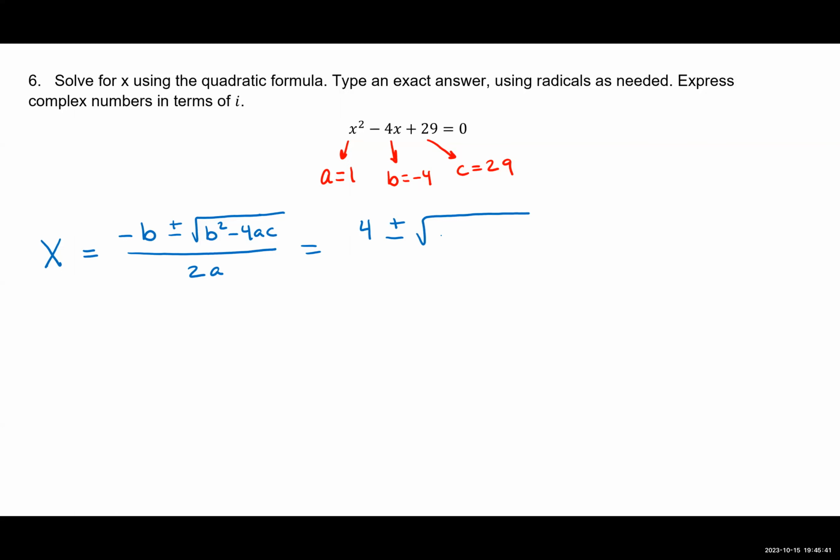So that's -4 times itself, which would be +16, minus 4 times a times c. So that's 29, all divided by 2 times a, and a is 1. Okay, so now we just have to simplify.